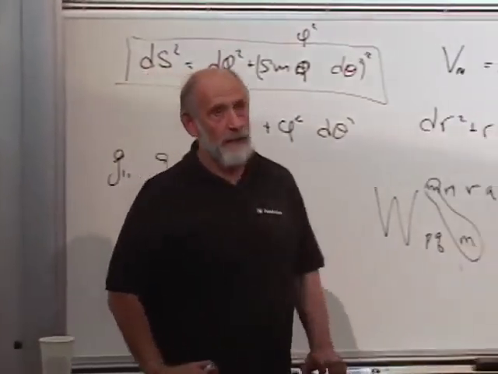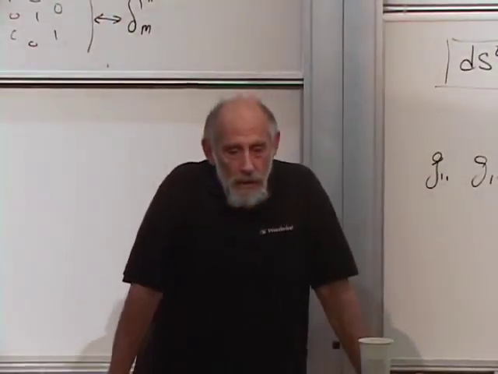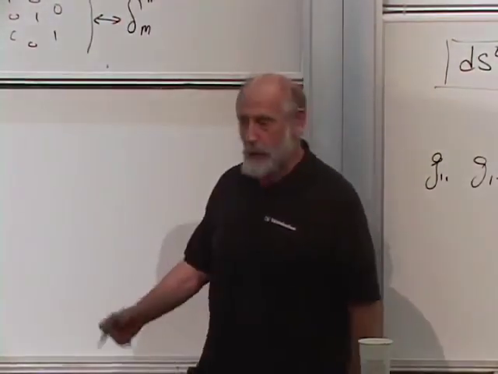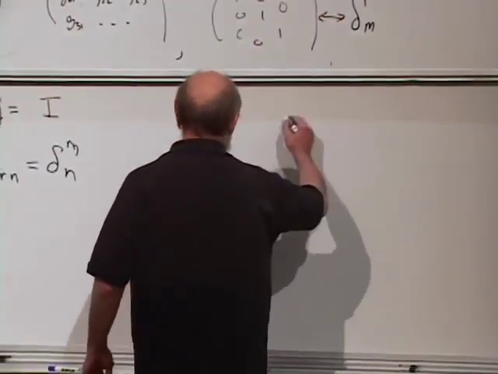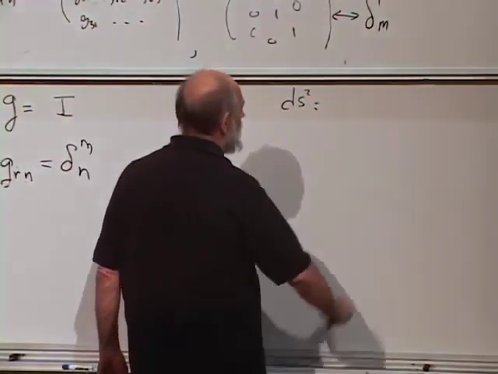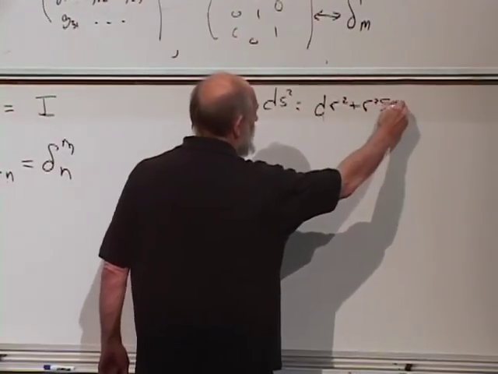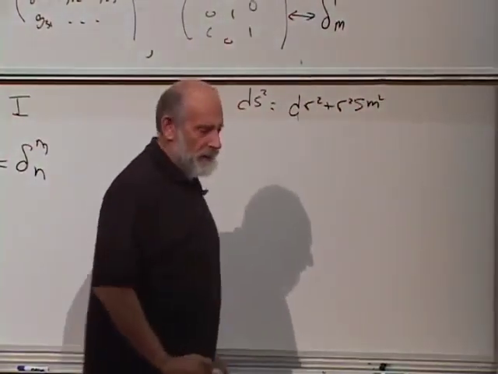Let's see if we can find it. First of all, let's take polar coordinates. We had the metric ds squared equal to dr squared plus r squared d theta squared.